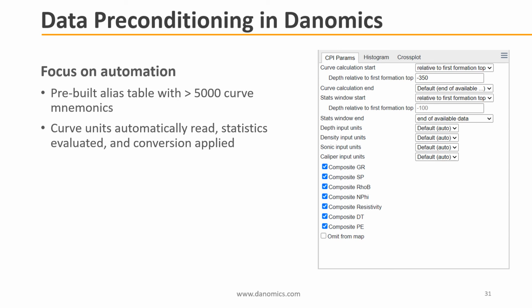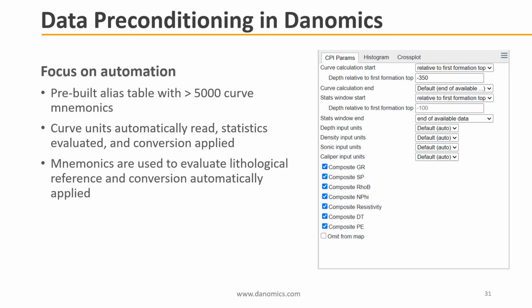We have built-in methods to automatically read your curve units, evaluate statistics, and apply conversions as needed. We use our curve mnemonics from the alias table to evaluate the lithological reference and perform conversions automatically.